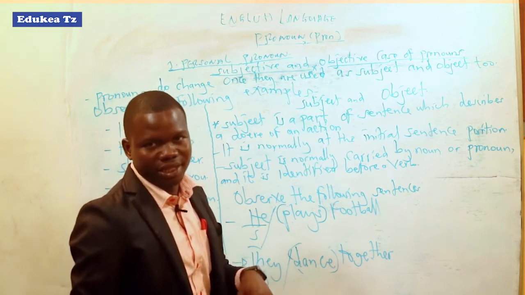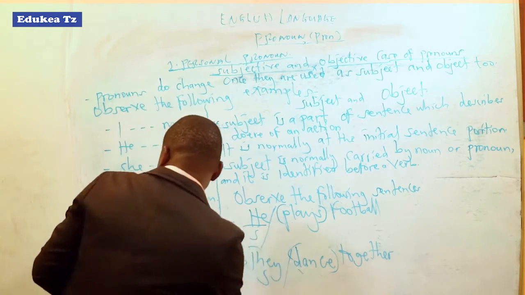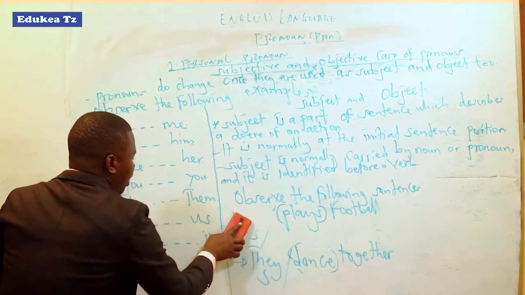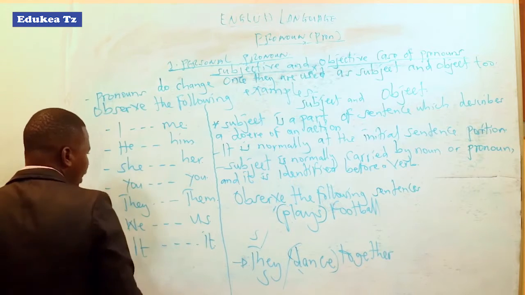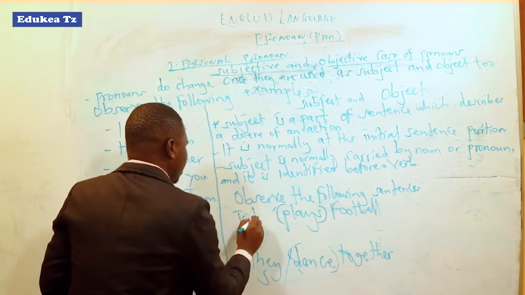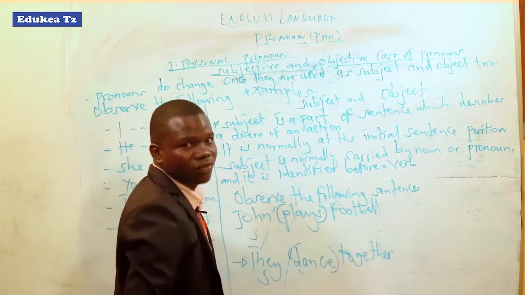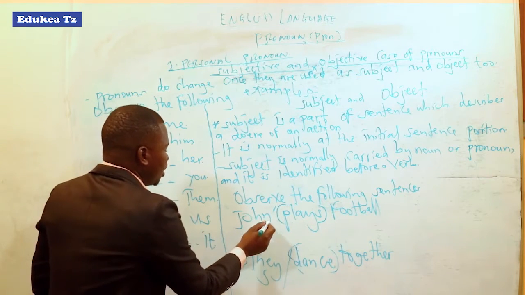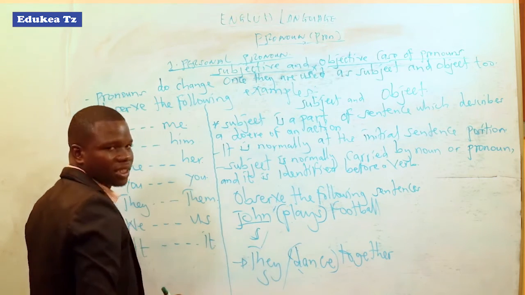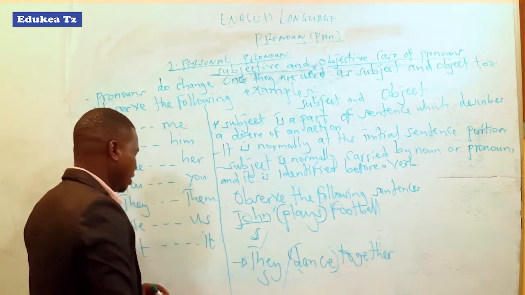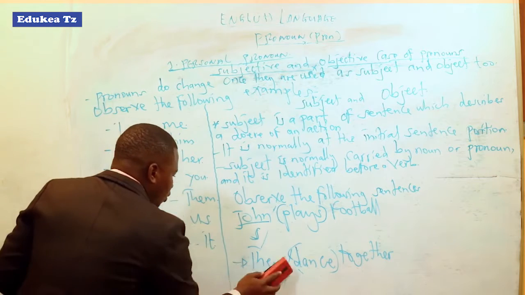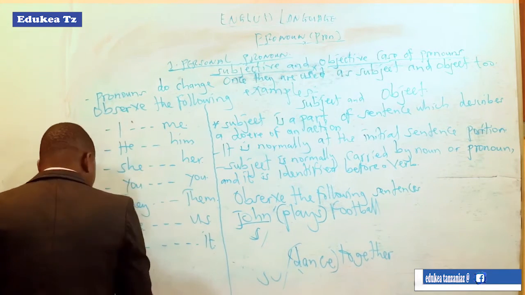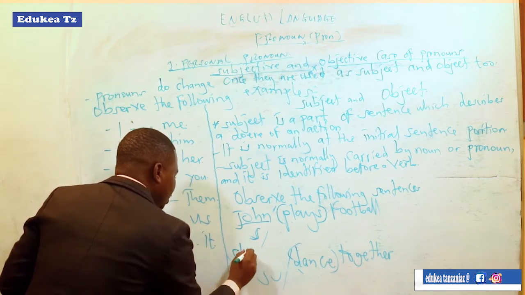as a subject. So instead of this he, we may use a name like John: John plays football. The same case, John remains the subject of our sentence. Also, we may have a noun like students.